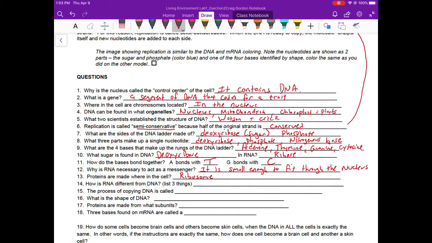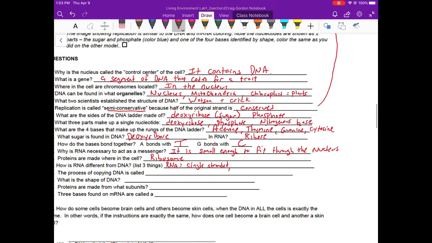Three things, huh? All right, well, first off, RNA is single-stranded. DNA is double. Should have given you a longer line here. Secondly, it is made up of ribose, not deoxyribose.